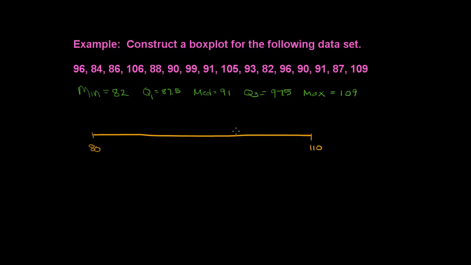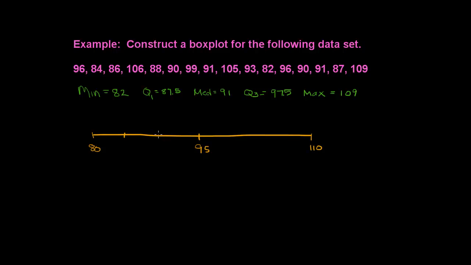The way I would do this is, from 80 to 110, that's 30 increments. Halfway between 80 and 110, I'm just going to eyeball where that would be. That would be 15, so this must be 95. From 80 to 95, there are 3 increments of 5, and I can split this up into thirds as best I can.